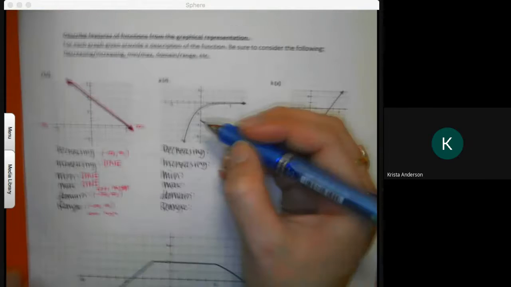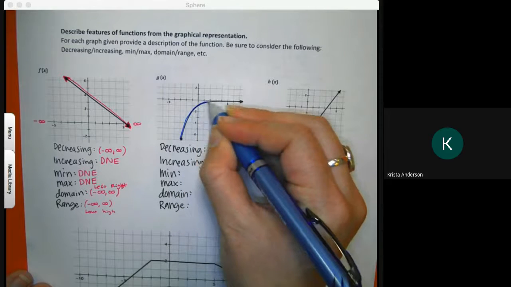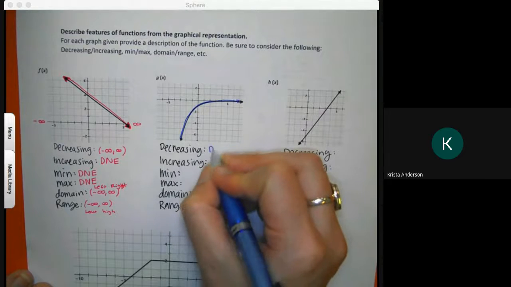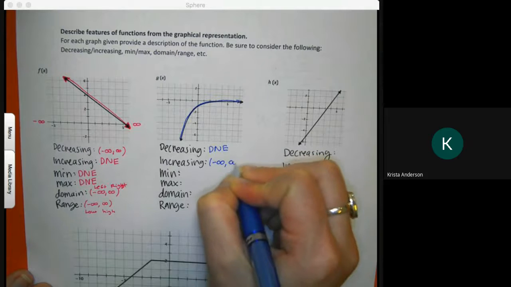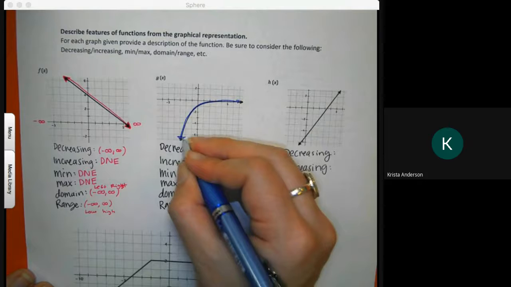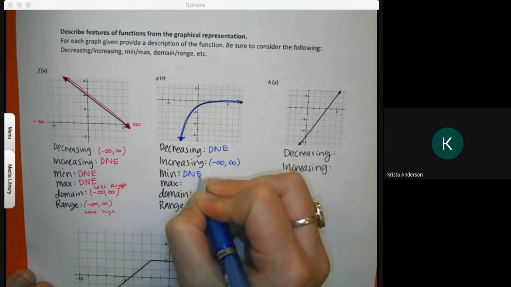G of x. As I follow left to right and I read my graph, it is going up, it's increasing. It will never decrease, so it does not exist. Increasing the whole time. The minimum, the arrow represents that there is no minimum. Does not exist.